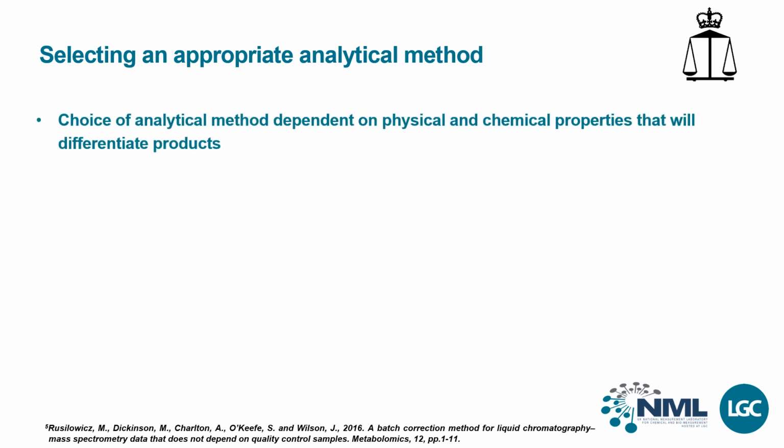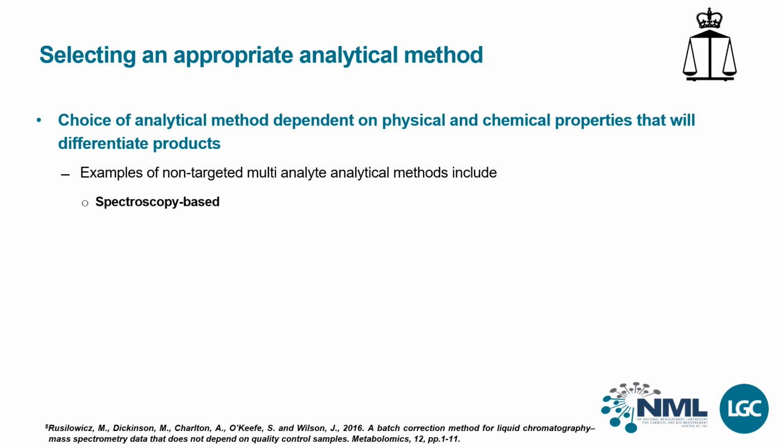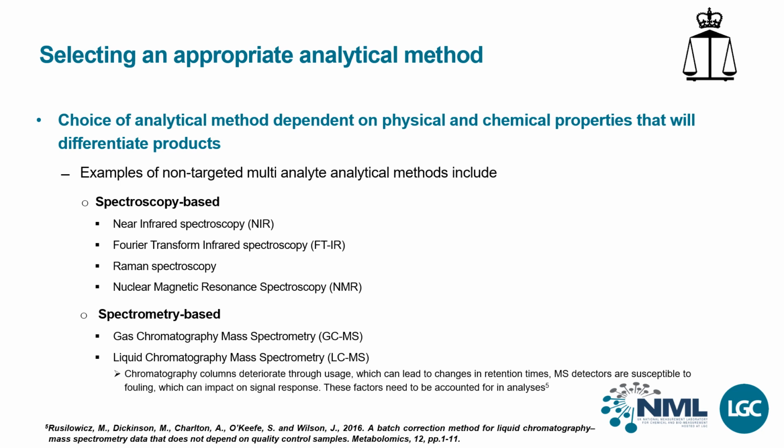The choice of analytical method is an important consideration and will depend on the physical and chemical properties that differentiate a product. Examples of typical non-targeted multi-analyte analytical methods include near-infrared spectroscopy, or NIR, Fourier transform infrared spectroscopy, or FTIR, Raman spectroscopy, nuclear magnetic resonance spectroscopy, or NMR.